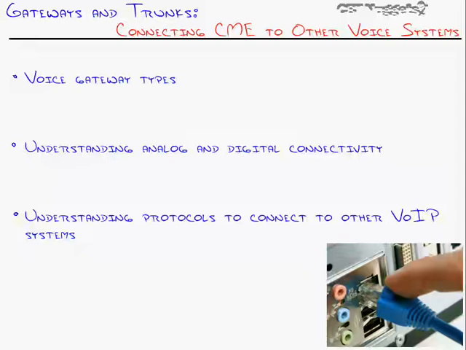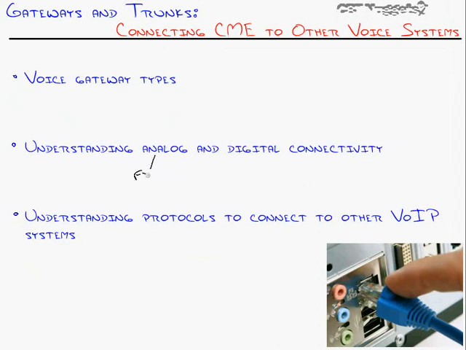So that's what I wanted to give you an idea of in this nugget. I wanted to give you an idea of what ways we have to connect our CME router gateway to other voice systems. We looked at the voice gateway types, analog and digital. We looked at the different analog and digital connectivity, analog being primarily one call per port.